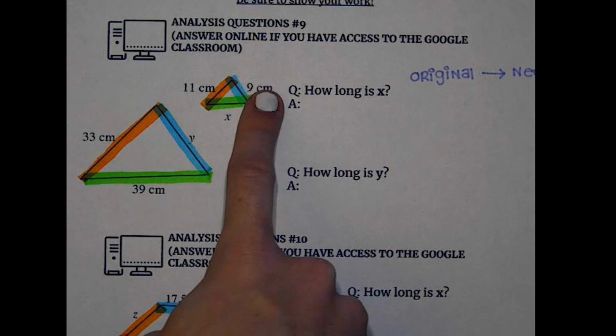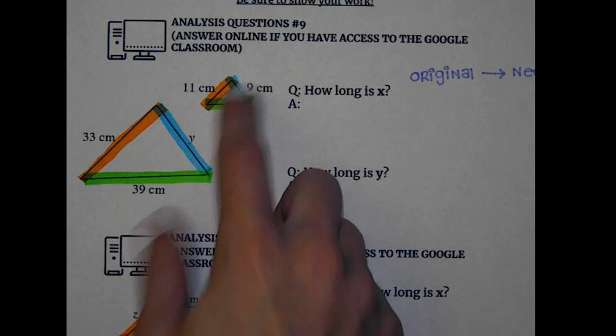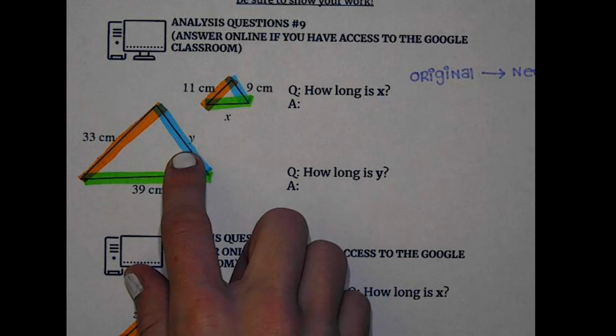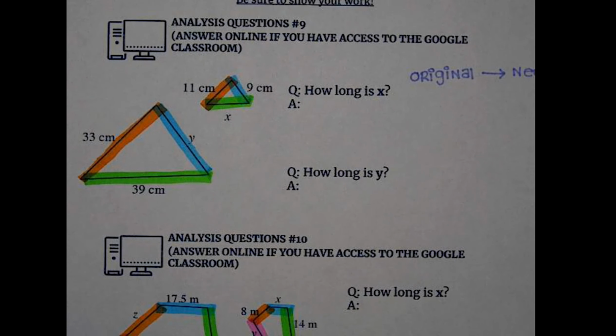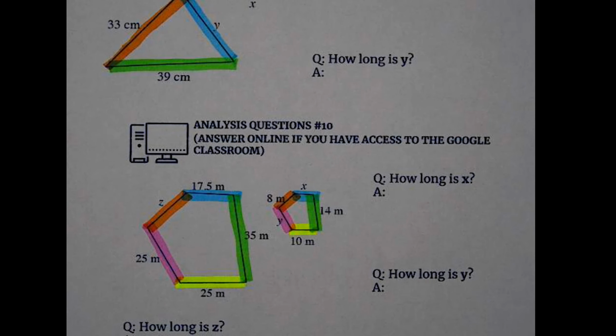And then you would go here and you would say, okay, that's my new value. I'm going to have to go backwards. I'm going to have to divide by the scale factor, and you would get this number. Okay, so just make sure that you're telling me what x and y, and for this one, there's an x, a y, and a z. Make sure you're telling me what those equal.